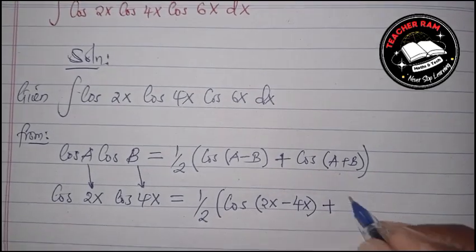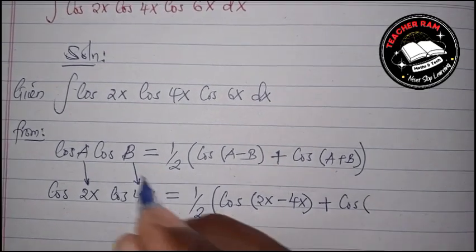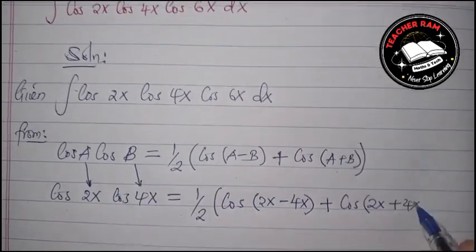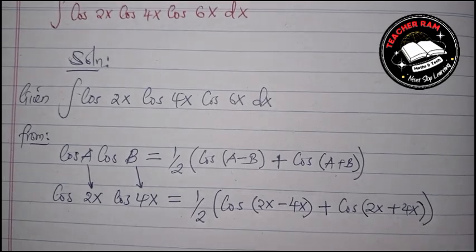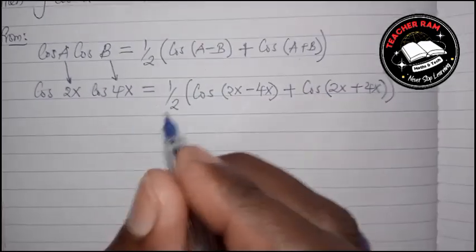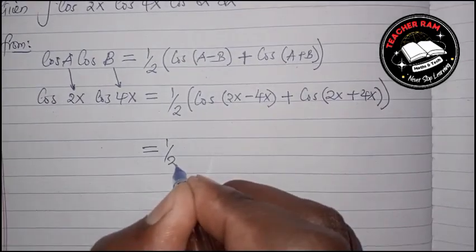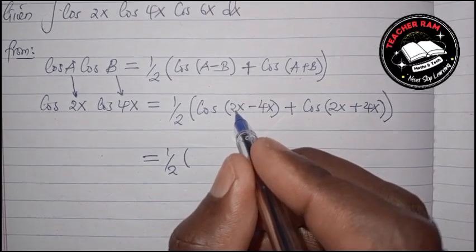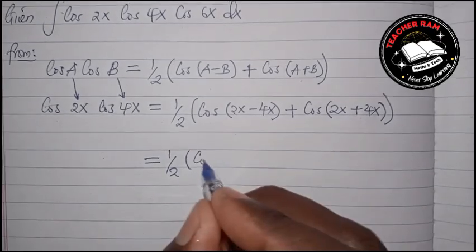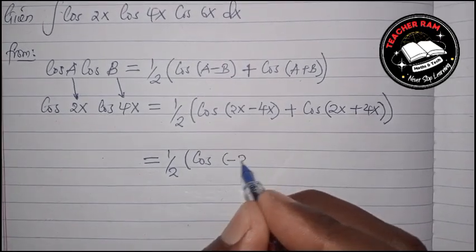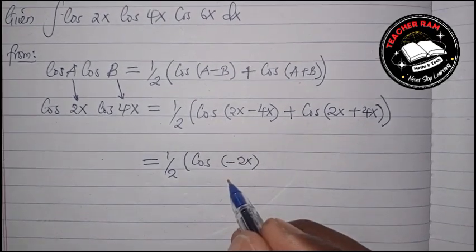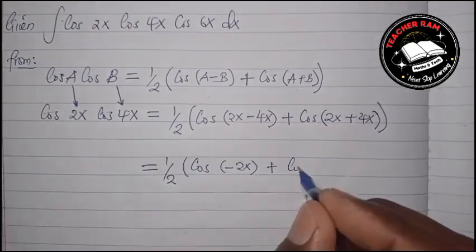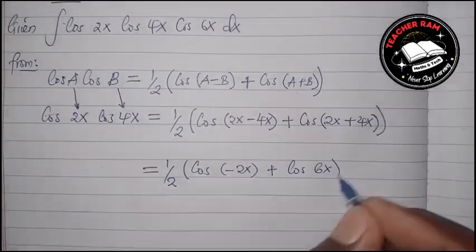Then we add cosine of angle A is 2x, then plus angle B is 4x, closing the brackets. So after that, here we'll have 1/2 bracket cosine of 2x minus 4x is equal to cos of negative 2x, then plus here 2x plus 4x is equal to 6x, so we'll have cosine of 6x.